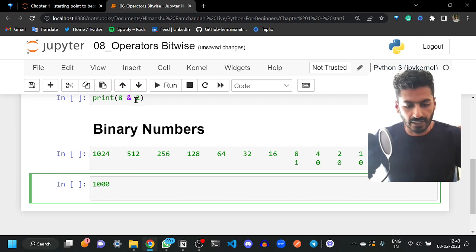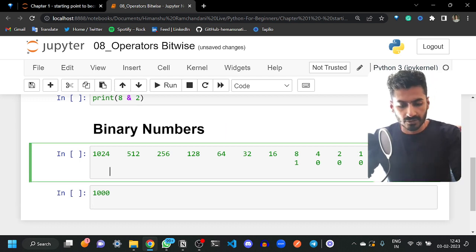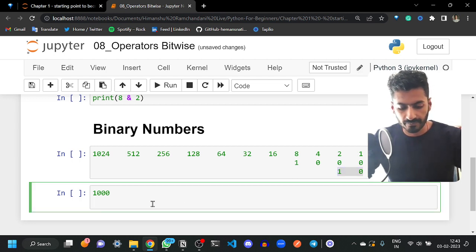If you want to calculate the binary of 2, what numbers should we add to get 2? We are going to use this series. So let's put 1 below 2, and below the other numbers 0. So 10 will be the binary of 2.